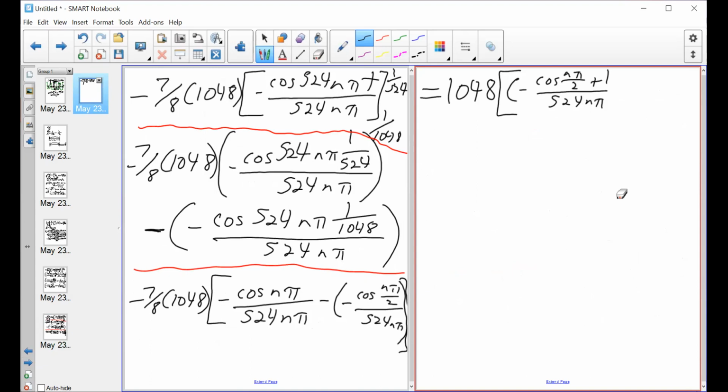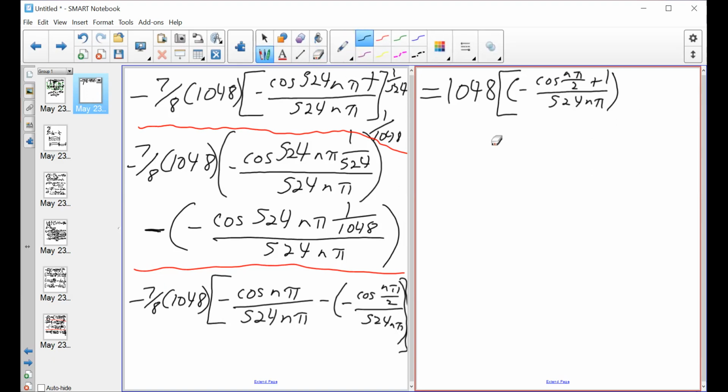Okay, and then this is minus 7. So then that becomes that. All right, so this is that. And then that's minus 7/8. I think I'd be better off doing the next line.